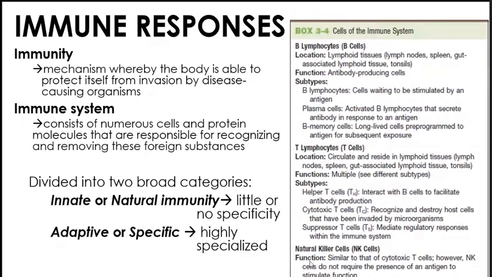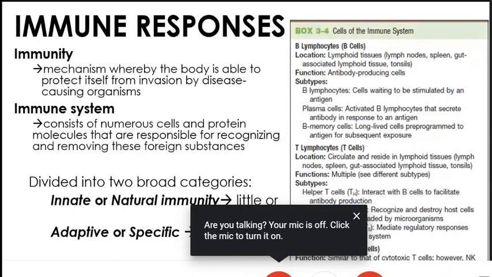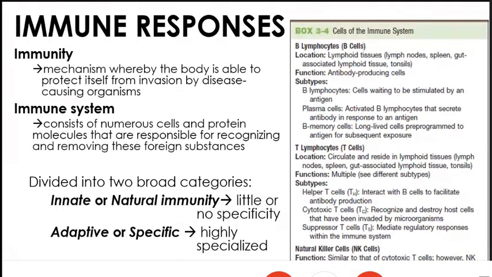Ma'am, immunity is the capability of our body to protect against harmful microorganisms. Then, the immune system consists of numerous cells and protein molecules that are responsible for recognizing and removing these foreign substances.